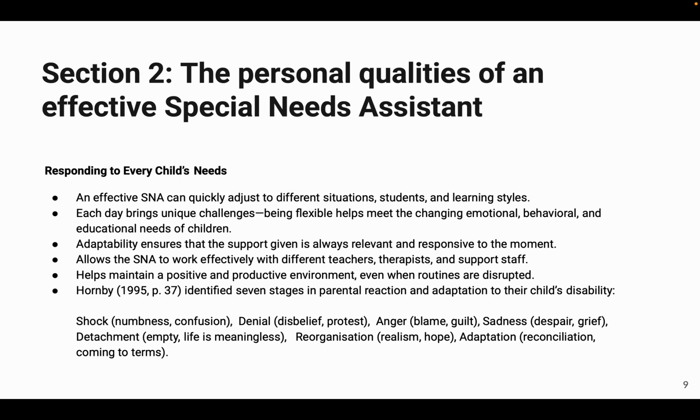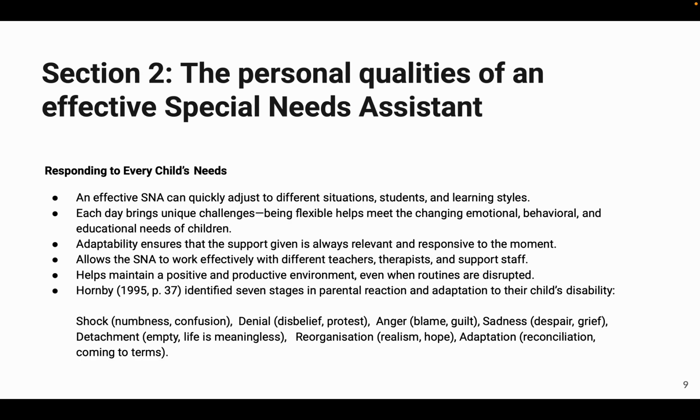Adaptability ensures that the support given is always relevant and responsive to the moment. This allows the SNA to work effectively with different teachers, therapists, and other support staff.